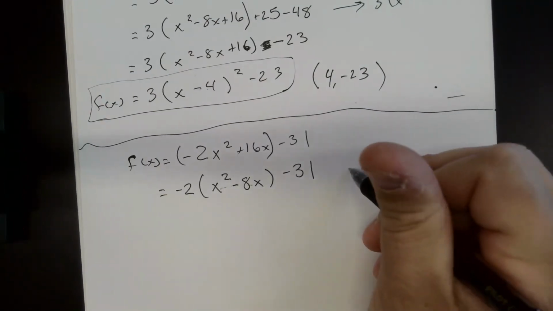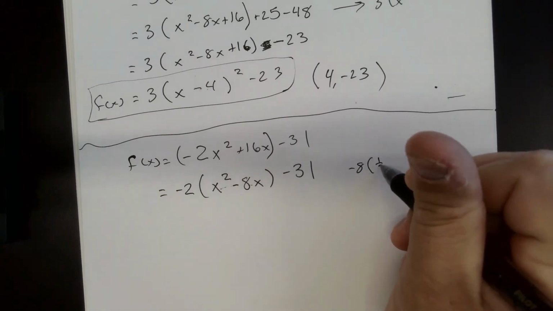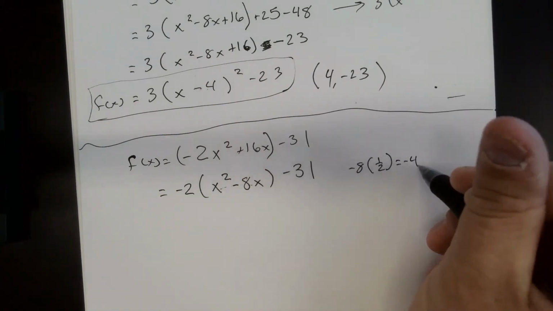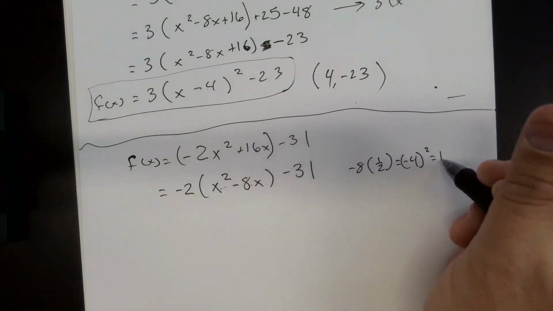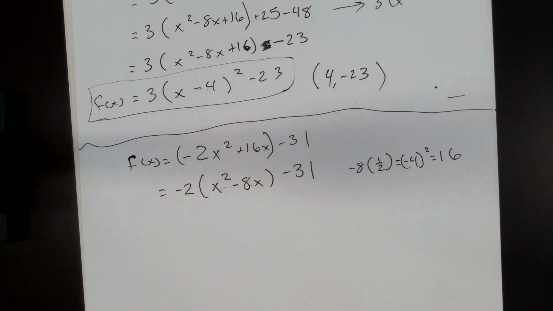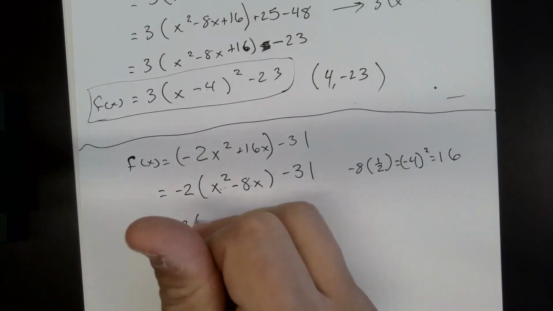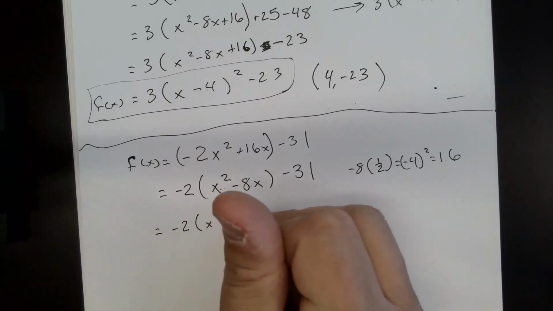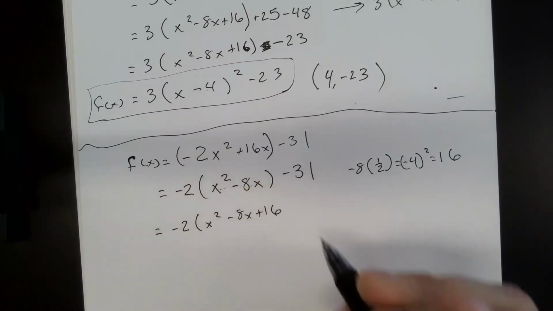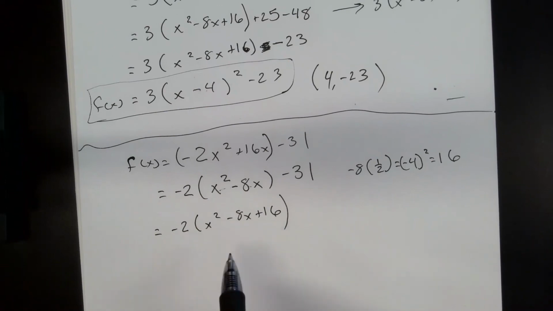Let's do it. Take 1/2 of b, squared gives us 16. Okay, so this is the tricky part, right? We're going to first add it. Whatever it is, it's a positive 16, so it stays positive right there.